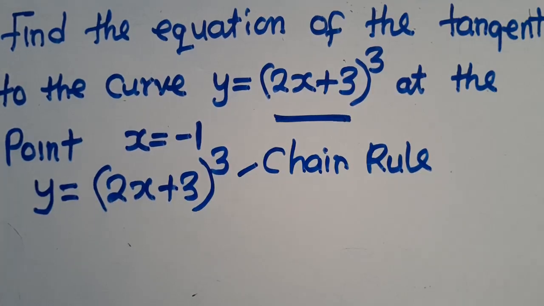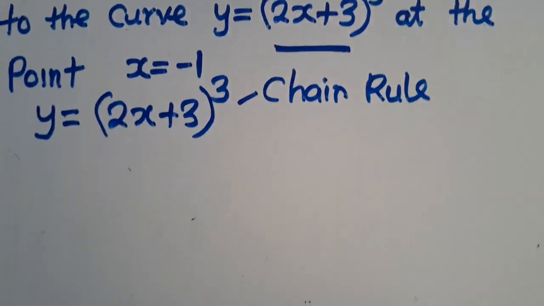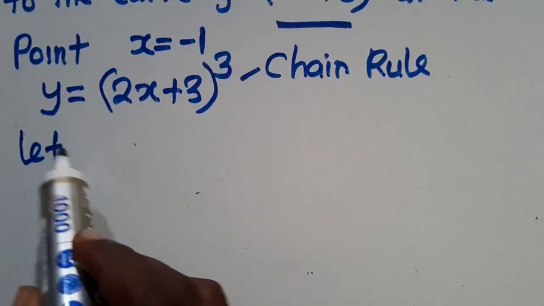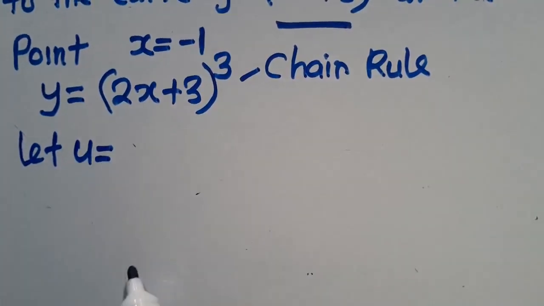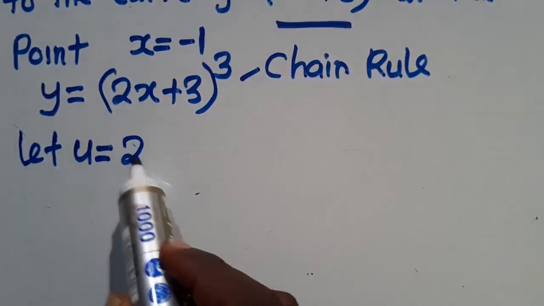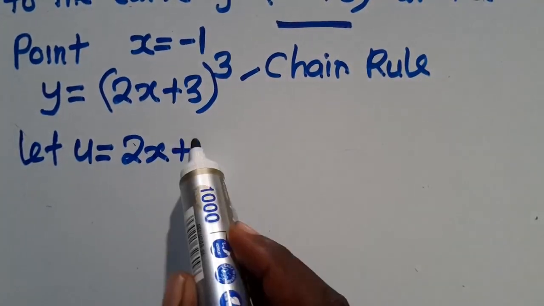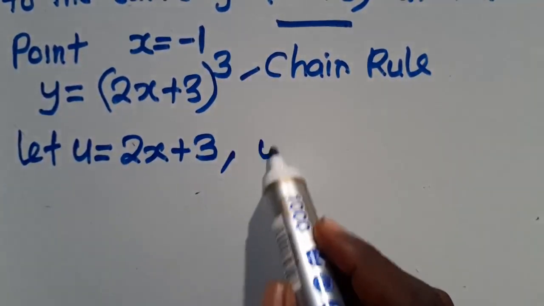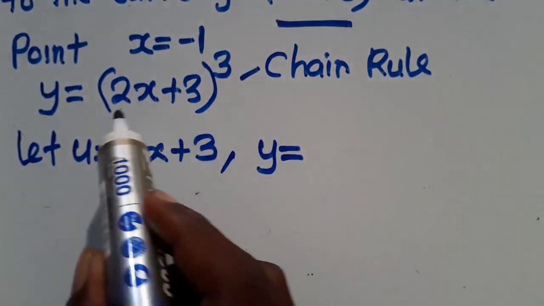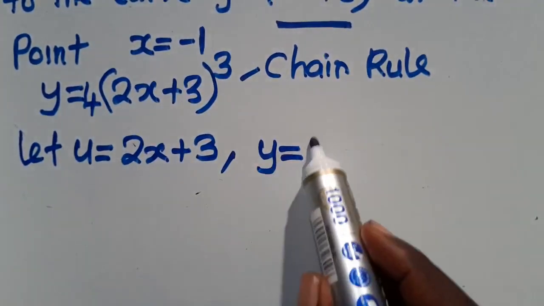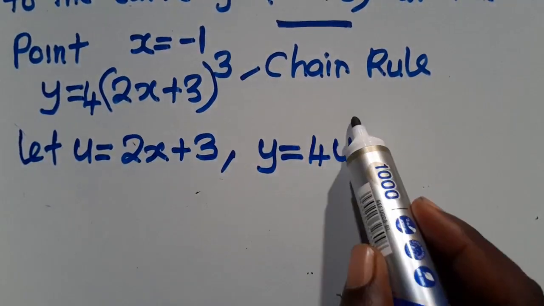How do we differentiate? The first thing that you are going to do, you say, let u represent what is in the brackets. What do you have in the brackets? 2x + 3. Then you have y is equal to, so here, this is u. If there was a number here like 4, I would have written 4u to the power 3.